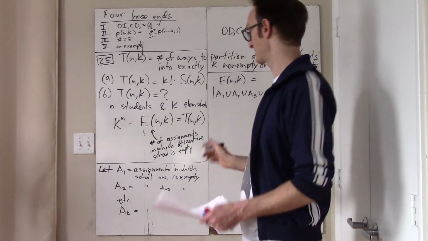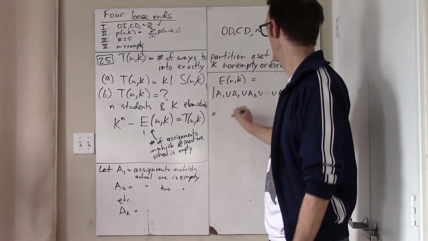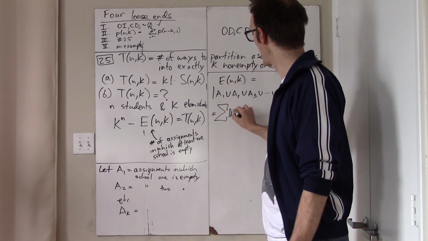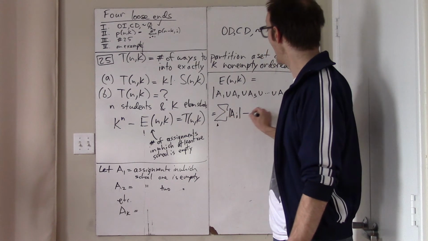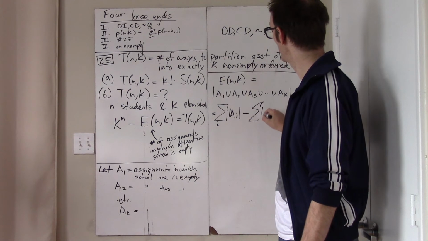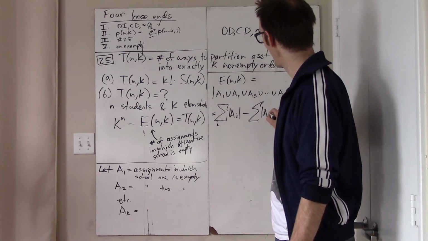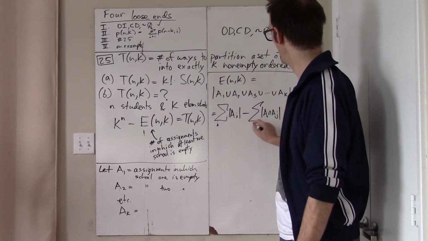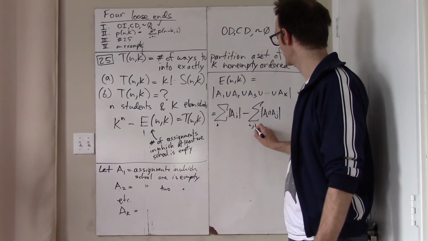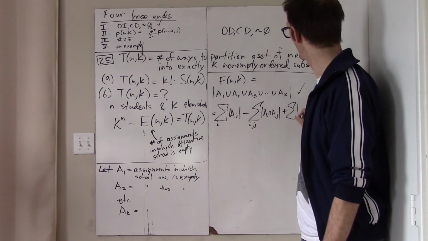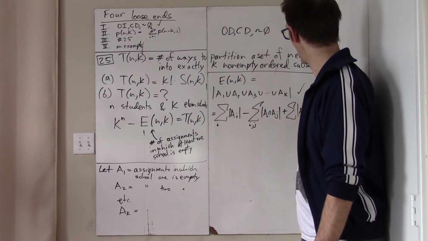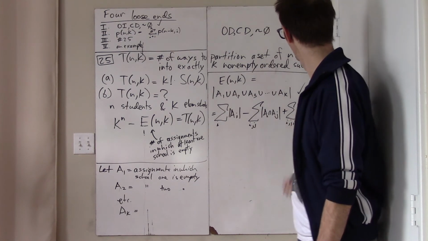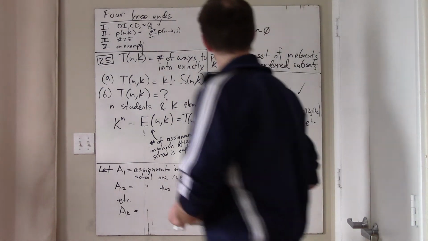Well, this suggests that we should use the inclusion-exclusion principle. By the definition, or by that theorem, we get that this is the sum of the sizes of all the singleton sets, minus the sum of the sizes of all the pairwise intersections, A_i intersect A_j, I'll just write ij as light notation, plus the sum of all A_i intersect A_j intersect A_k for i, j, and k, and then so on.